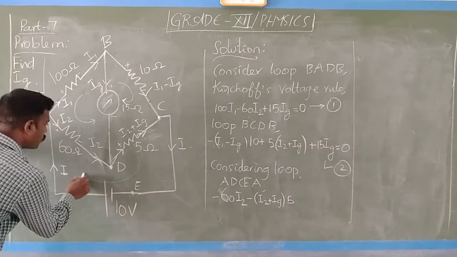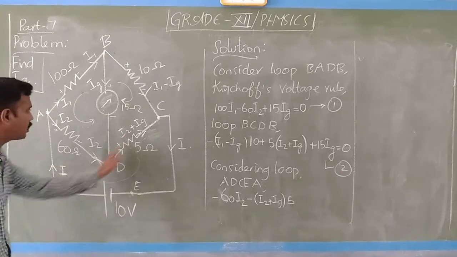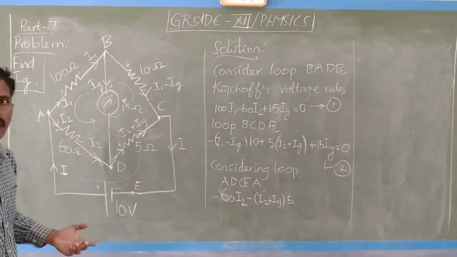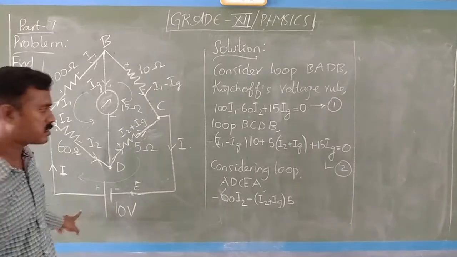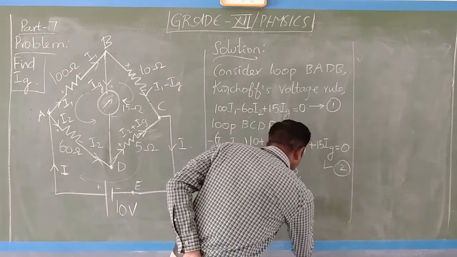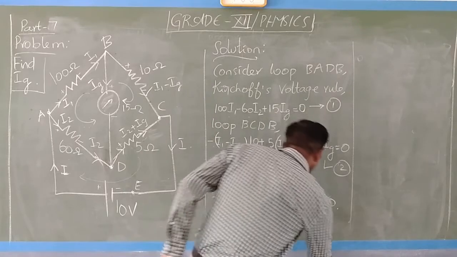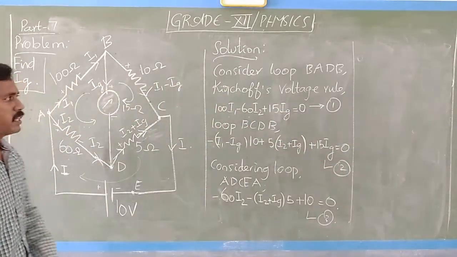If this is the loop, I am considering in this way, from here, here, here. Negative to positive is increasing. The value is increasing. It means that it is considered as plus 10. So plus 10 equals to 0. So this is the third equation.